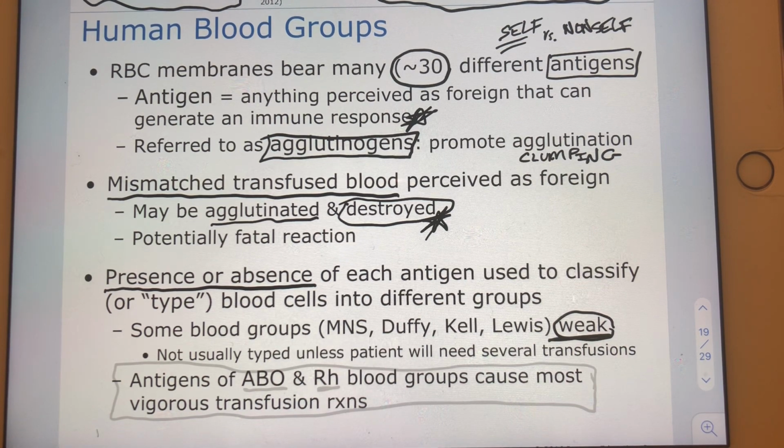We worry about those that bring about really strong immune responses, really strong transfusion reactions. And those are the ABO blood group and the RH blood group. Those are the two that we worry about most in the case of transfusion, or in the case of an at-risk patient becoming exposed in an at-risk way to another person's blood.